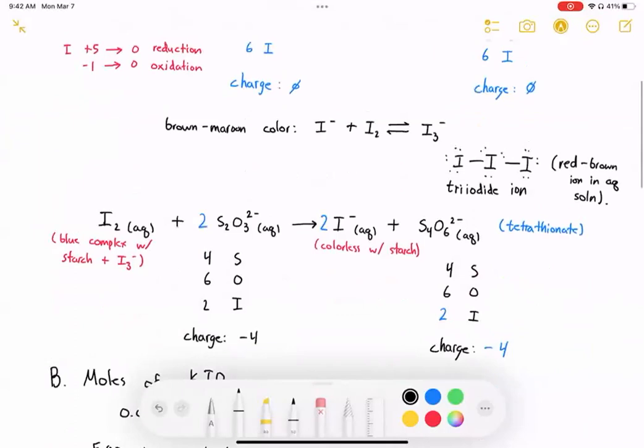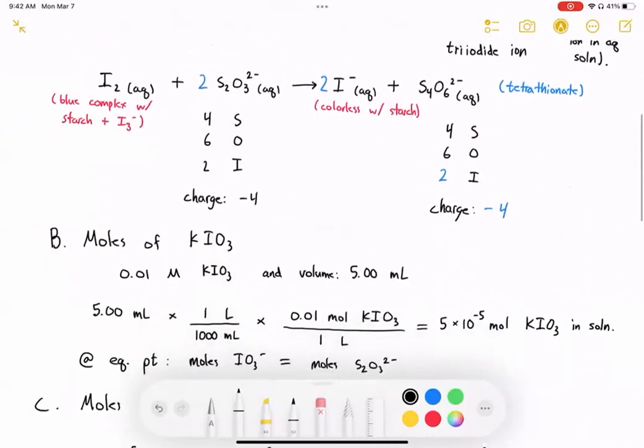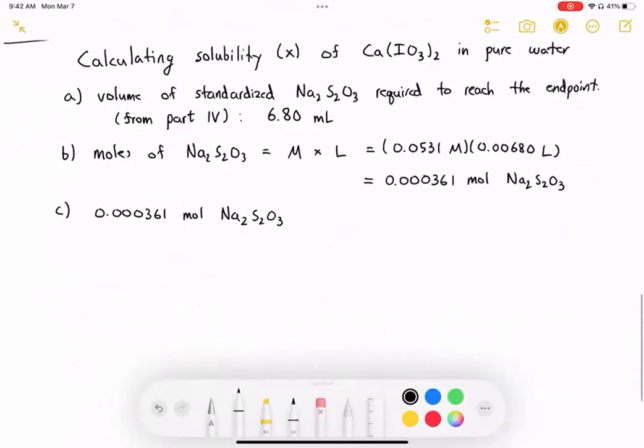We know that two sodium thiosulfates will react to form iodine. So for every 2 moles of sodium thiosulfate, we get 1 mole iodine.